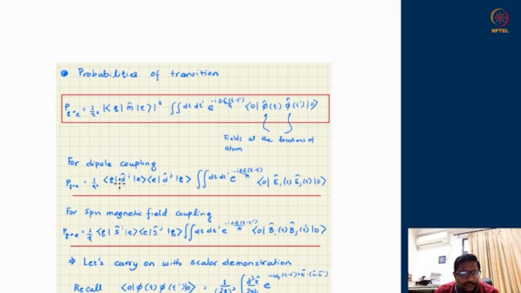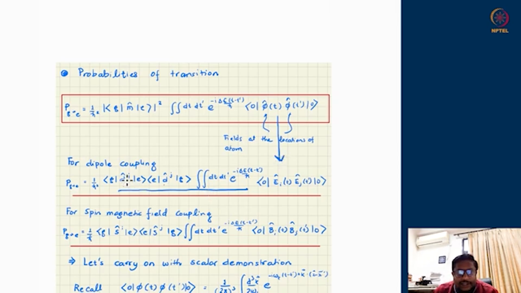And the mod square of that under first order perturbation theory would give you very similar looking equations of probability of transitions as is depicted here. Here you could see the 2-point function of the electric field E_i(t) E_j(t') appearing as a replacement of the 2-point function of the scalars which we had just obtained.